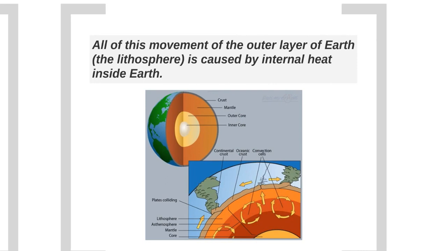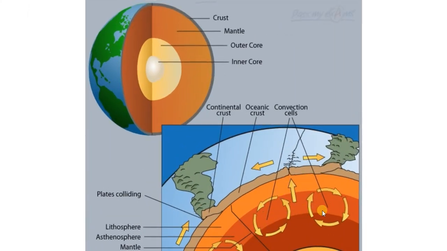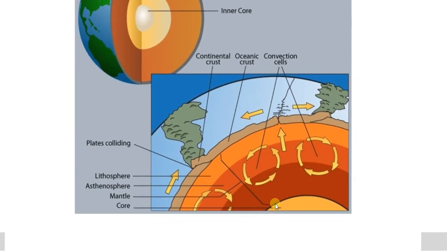All of this movement of the outer layer of the Earth, these sections called the lithosphere, is caused by internal heat inside the Earth. So here the asthenosphere, remember it's not a liquid, it's a solid, but it's a plasticky solid that allows it to deform, and because of that, the heat directly from the core heats the mesosphere, which is not actually shown here, which moves in a convection flow.